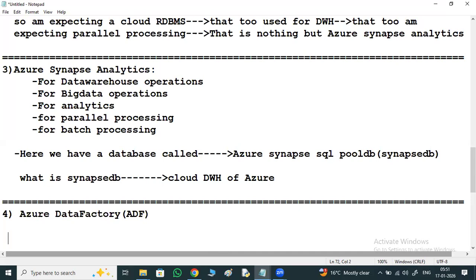In a simple way, it's a cloud-based ETL of Microsoft in Azure.